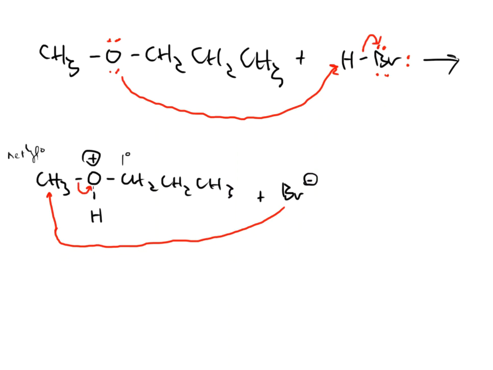So this is going to cleave. That oxygen's electronegative. It sucks the electrons from the bond, and off it goes to make an alcohol. All at the same time that this bromine comes in, and that bromine distracts that less sterically hindered carbon.